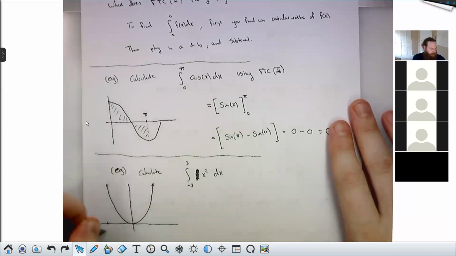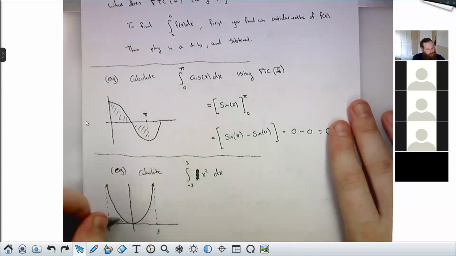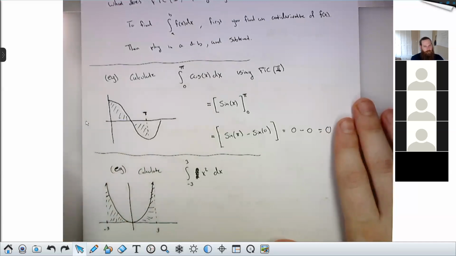And we want to integrate from -3 to +3. So we're finding this area, which certainly isn't going to be 0.